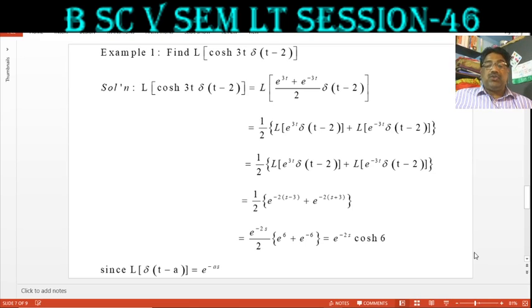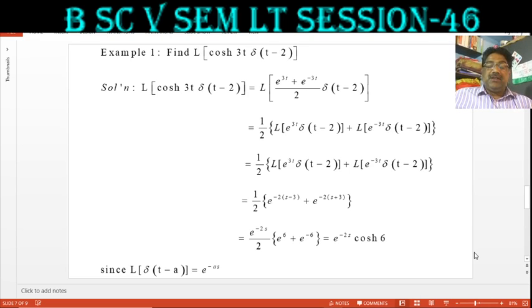We know that the Laplace transform of delta of t minus 2 is e raised to minus 2s. Because of e raised to 3t, we replace s by s minus 3. That is why the Laplace transformation of e raised to 3t into delta of t minus 2 is e raised to minus 2 into s minus 3, plus the second term is similar, e raised to minus 2, but in place of s we have to substitute s plus 3.